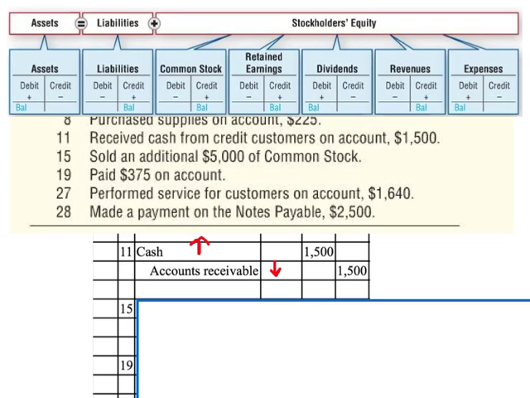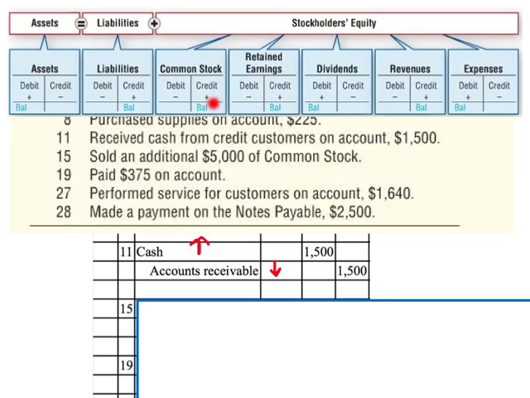We sold an additional $5,000 of common stock. Okay, so we raised some more money by issuing stock. Again, we're going to receive $5,000. This is just like the last problem that we were working on. Anytime we receive cash, we know we're going to have to debit our cash account. And then let's take a quick look at what happens to common stock here. My common stock is going to go up because I'm issuing more of it.